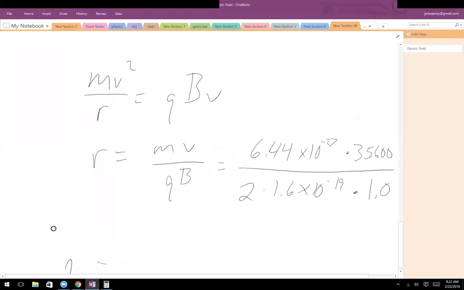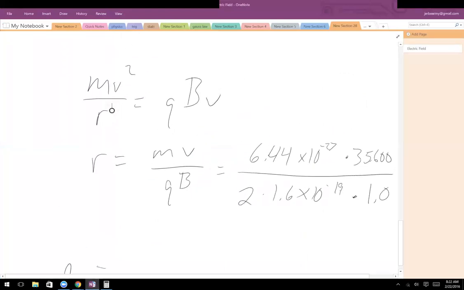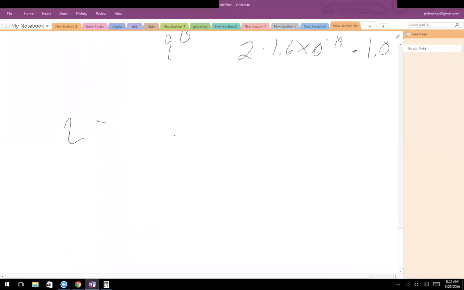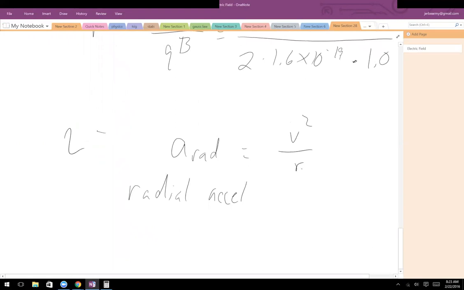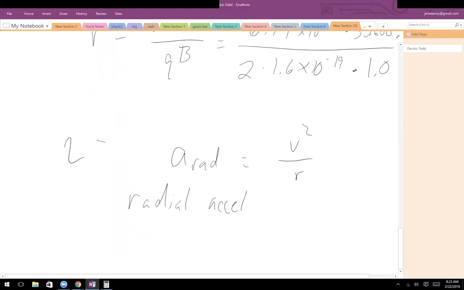Going back to this, what is centripetal acceleration? This is v squared over r. The centripetal acceleration, sometimes called the radial acceleration, is v squared over r.